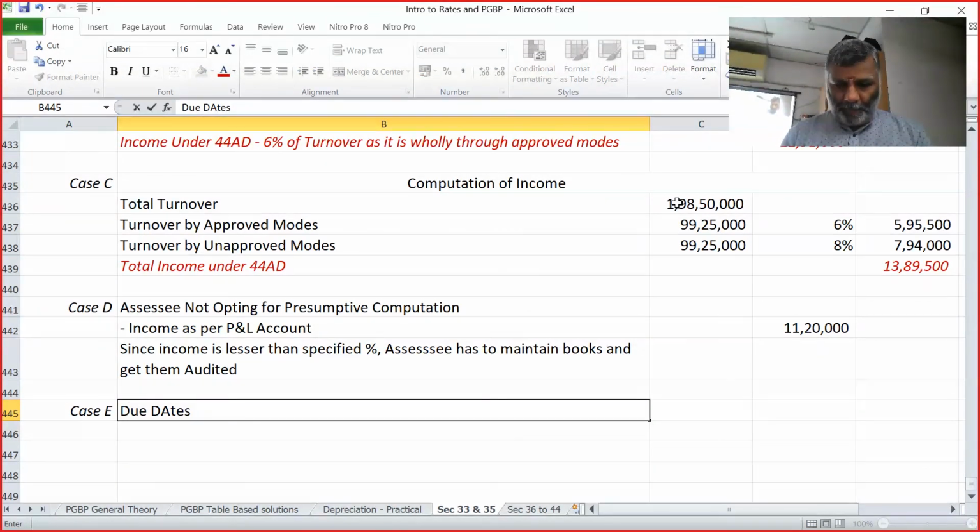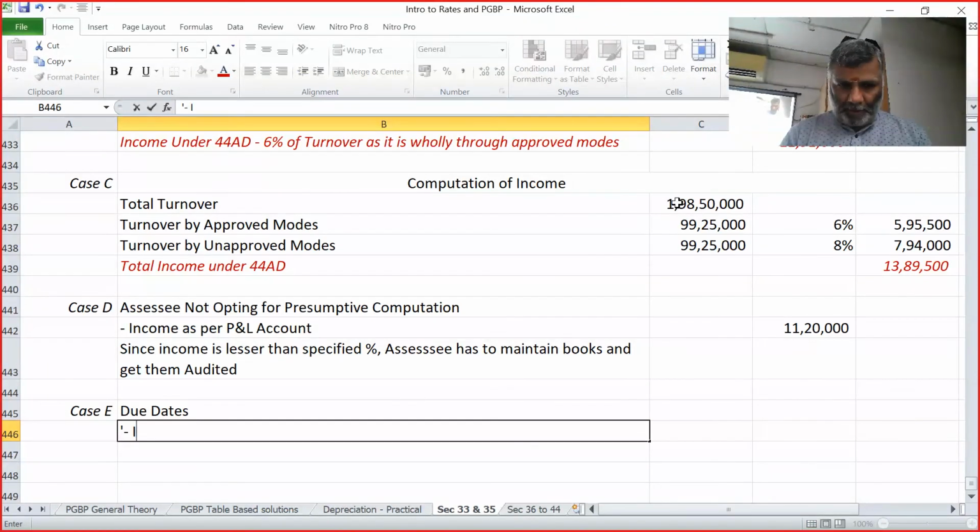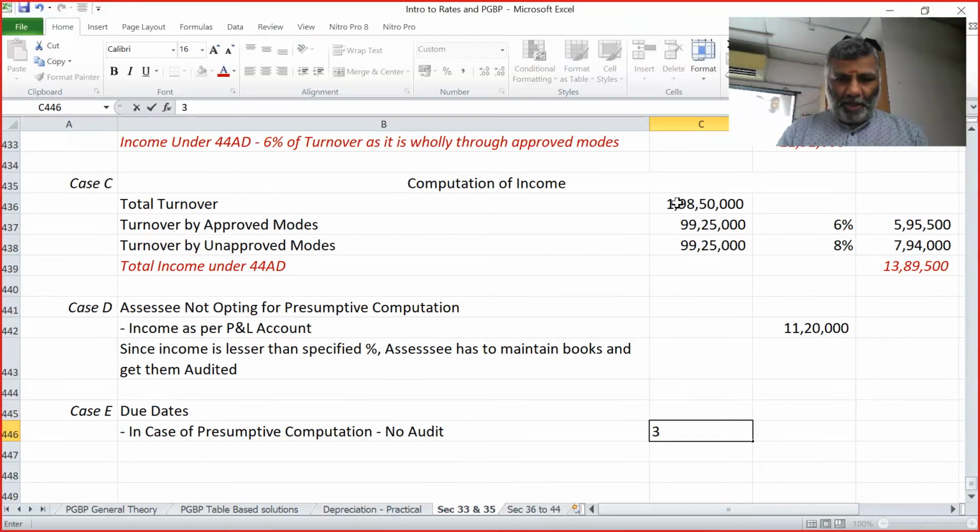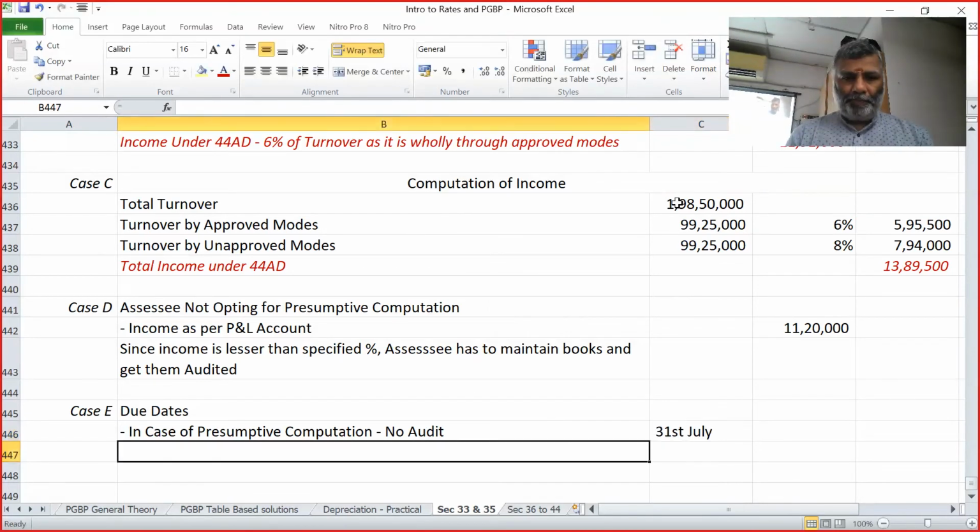Due dates. In case of presumptive computation, if I opt for 44AD, then audit is not mandatory, so 31st July.